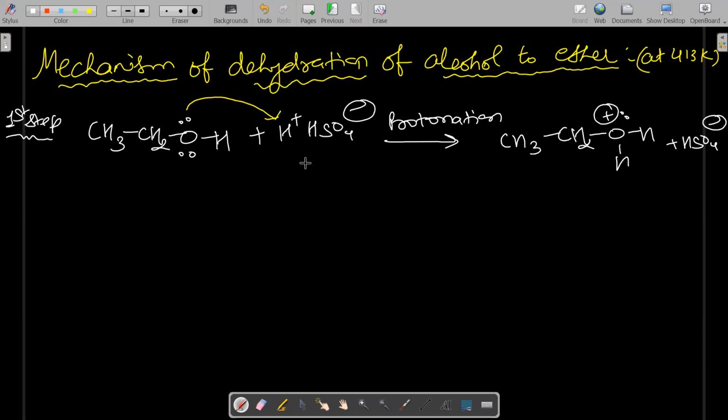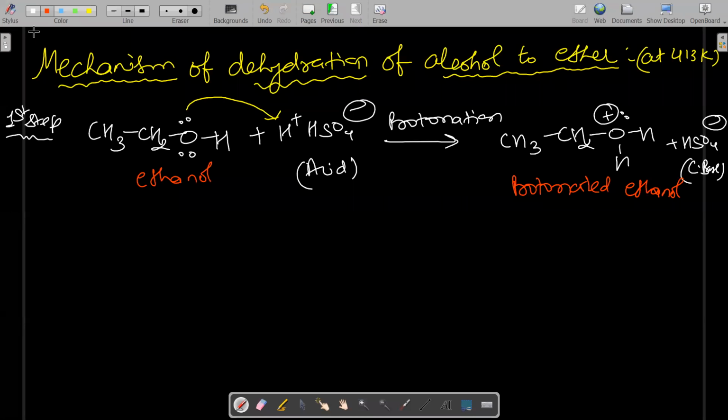Already I told you it is a strong acid. If it is an acid, it has its conjugate base. So there is a formation of protonated ethanol. It is ethanol, so I am writing ethanol.